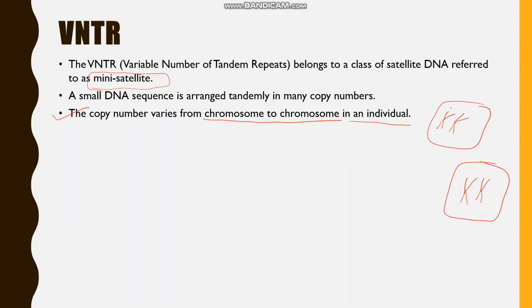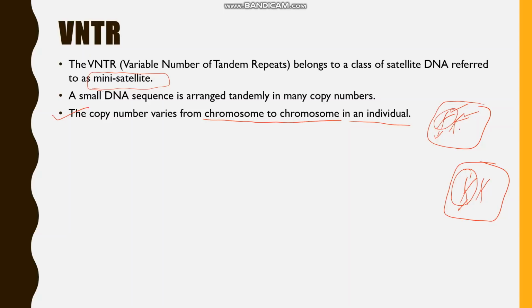But if you consider the VNTR sequence of this chromosome, that is totally different from the VNTR sequence found in this second chromosome. But if you compare this chromosome with the same chromosome found in another cell, here you can see the similarity. The VNTR sequence found in this first chromosome is exactly similar to the VNTR sequence found in the first chromosome of the other cell.